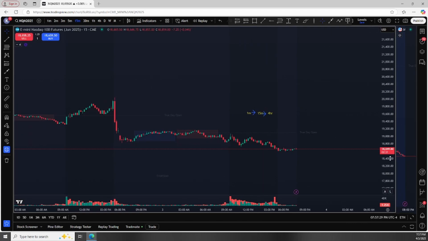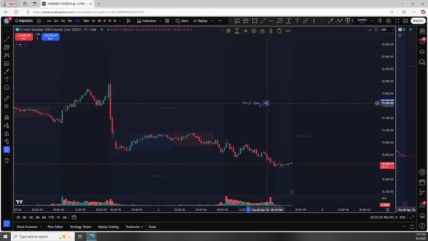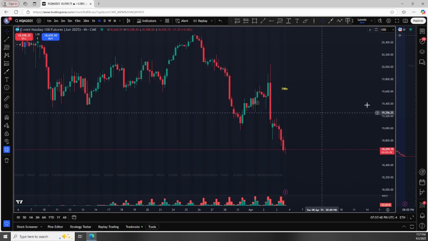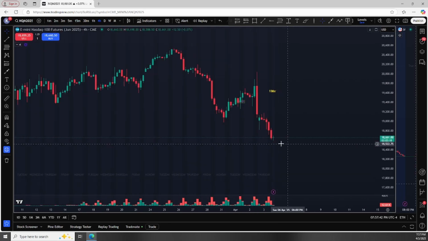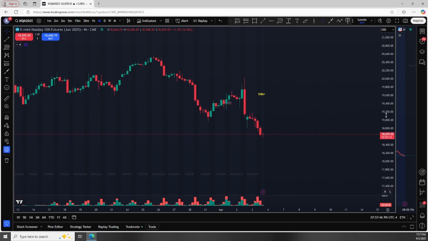How I use this today, for example, I'll show you. So coming into the day, we look on a 4 hour time frame. This is the 6 a.m. candle.